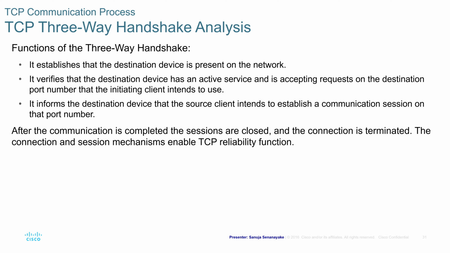After the communication is completed, the sessions are closed and the connection is terminated. The connection and session mechanisms enable the TCP reliability function. So remember that the connection and the session mechanisms that we have in TCP is the reason why we have the TCP reliability function.